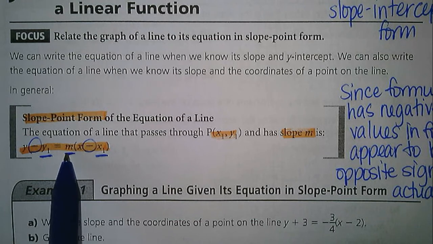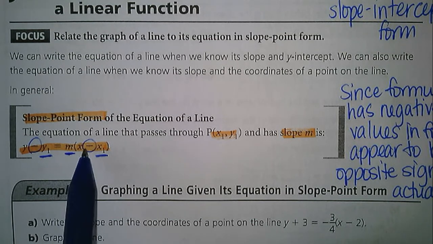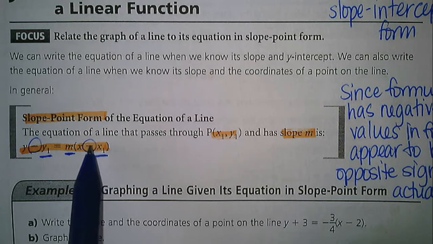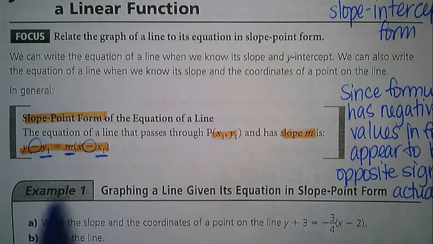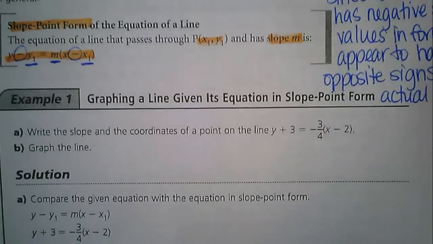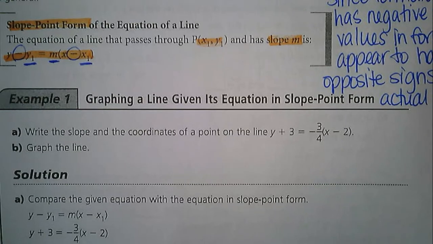And then maybe for this part, I would have m(x plus 3). If this was a plus sign in the given equation instead of a minus sign, what that tells me is that it's the actual opposite value. So if it said plus 3 here, that means my x1 value is actually the opposite, which would be a negative 3. So let's take a look at this example, where our signs are actually written opposite.